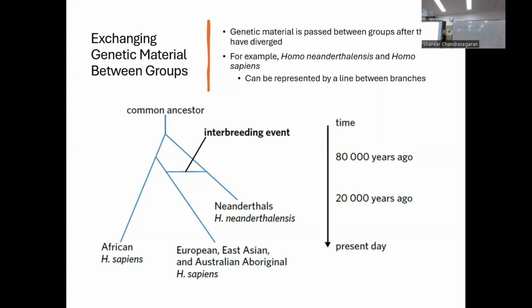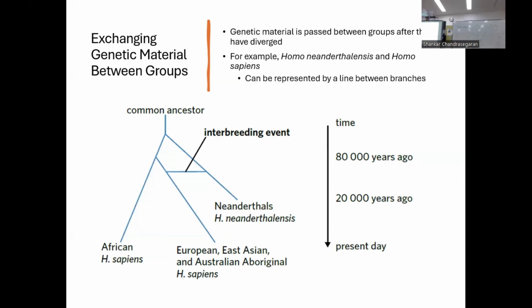And this is theorized to have happened due to an interbreeding event between two different species that diverged super early on, right? So we had a common ancestor, probably the genus Homo at the early point, and then Homo neanderthals diverged from there, and then only later we diverged from a different lineage to become Homo sapiens.